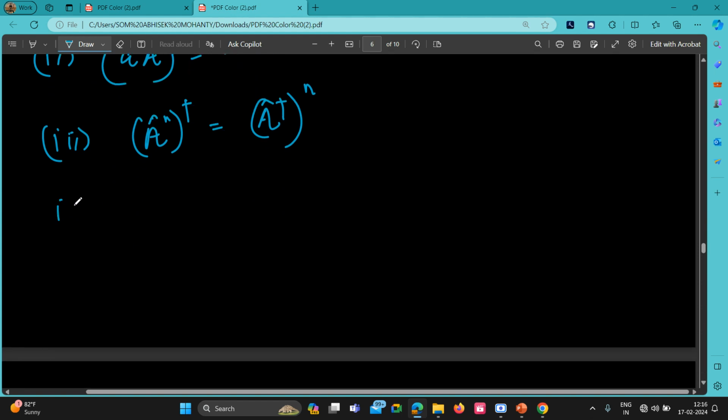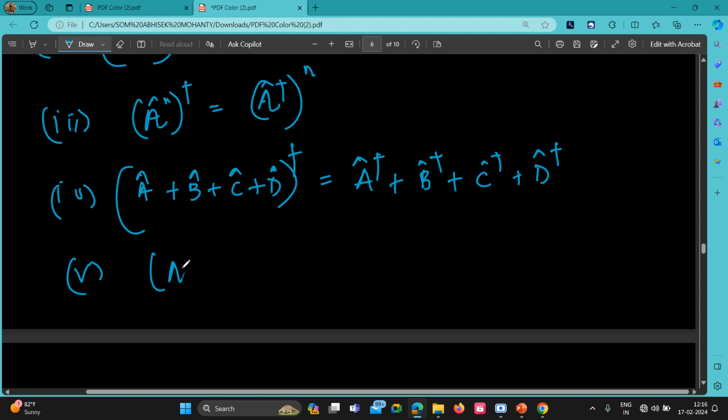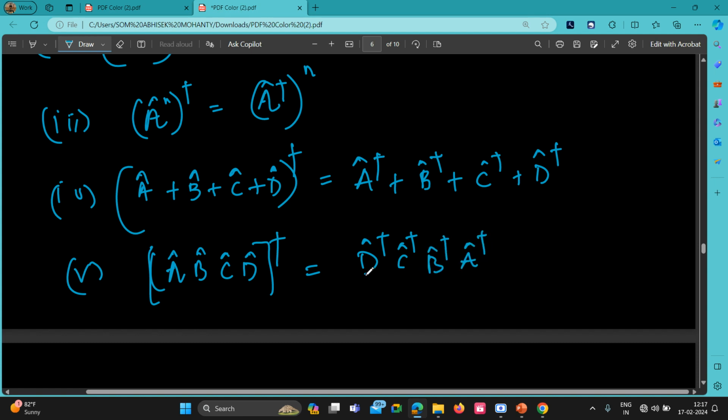For a summation of operators, A plus B plus C plus D whole dagger, you can take them individually: A dagger plus B dagger plus C dagger plus D dagger. But if I multiply all of them and take the dagger, A B C D whole dagger is equal to D dagger C dagger B dagger A dagger. It will be in the opposite order.